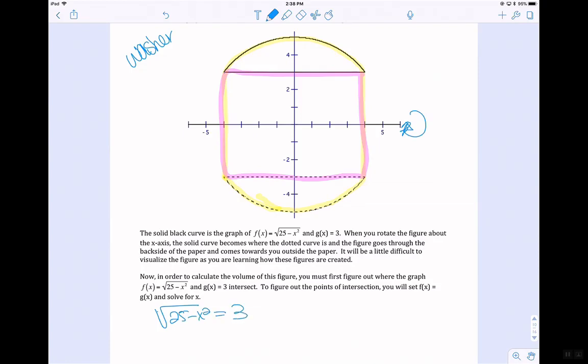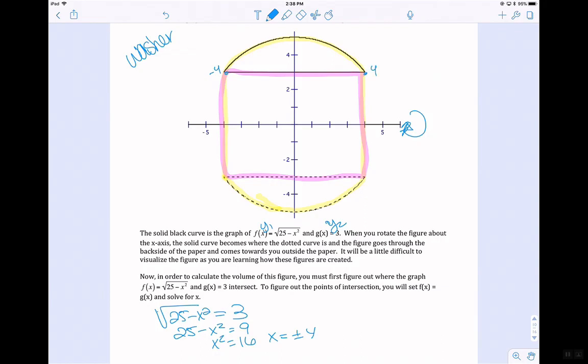And I could also do this by plugging it into the graphing calculator, plugging in my f of x into y1 and my g of x into y2, and going and graphing and going second trace and intersect. Okay, so 25 minus x squared is equal to 9. So x squared is equal to 16, so x is equal to plus or minus 4. So my intersection points are at -4 and 4.